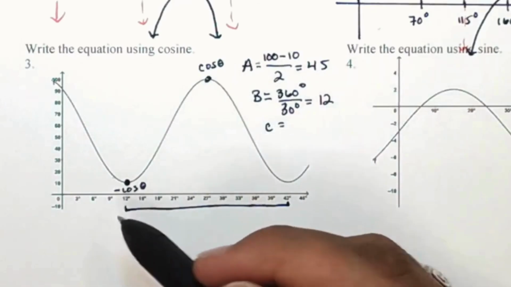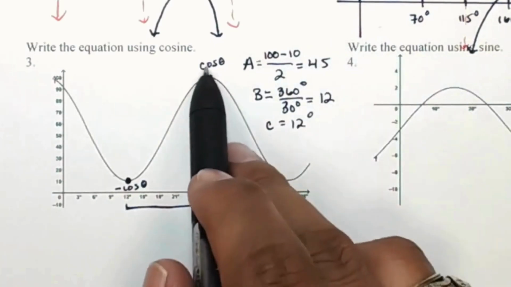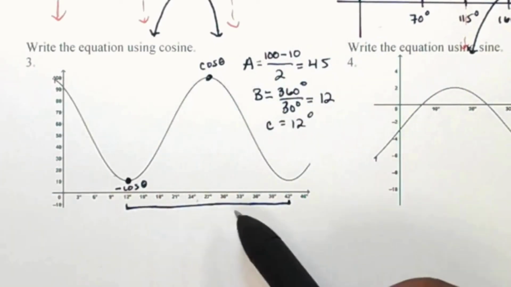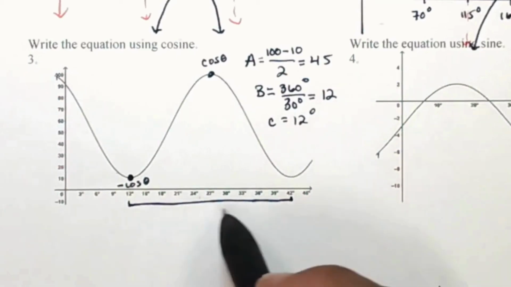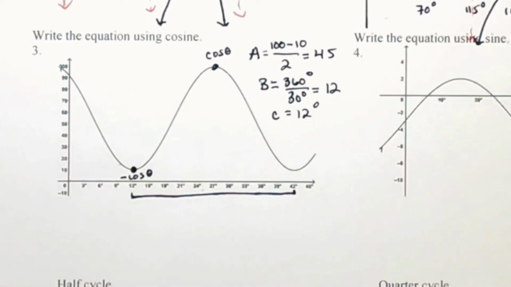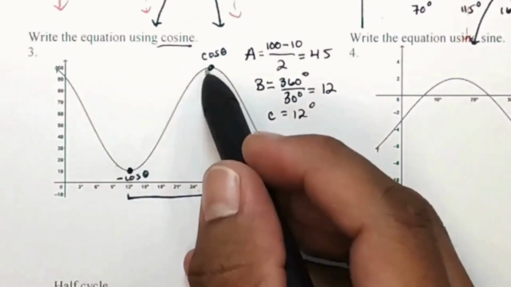Well, I'm just going to start at 12 because I want to. You could start again at 27, because that's halfway between those. So just choose whichever one you want to, unless we specify. And here we're definitely asking for a cosine graph. So we want to start here or there.